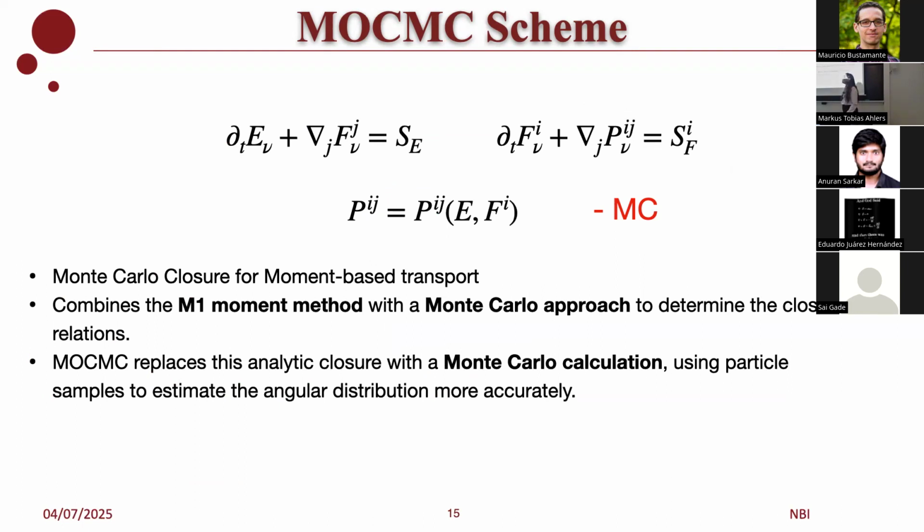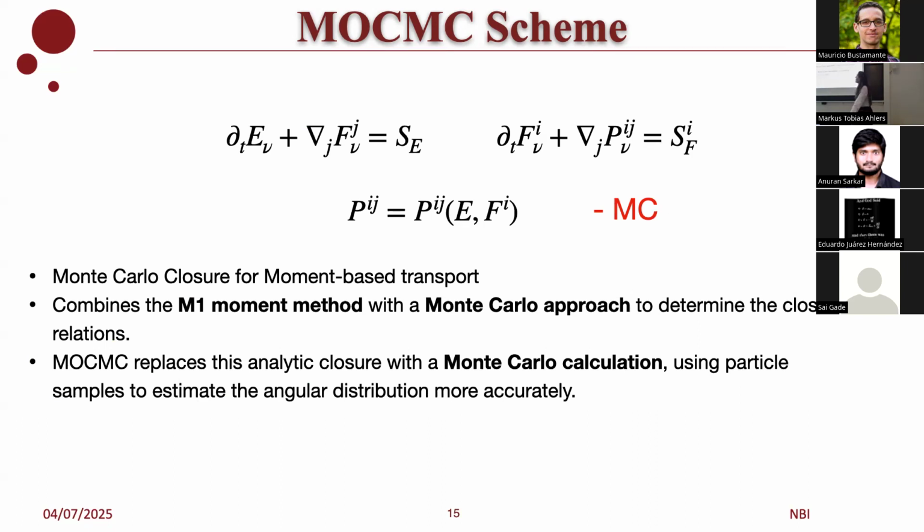However, instead of using some analytic closure, we can actually calculate and evaluate this closure using Monte Carlo sampling. So instead of analytic closure, we do Monte Carlo. We find the relation between the pressure tensor as a function of energy density and flux. And this allows us to have better and more accurate angular distribution information.